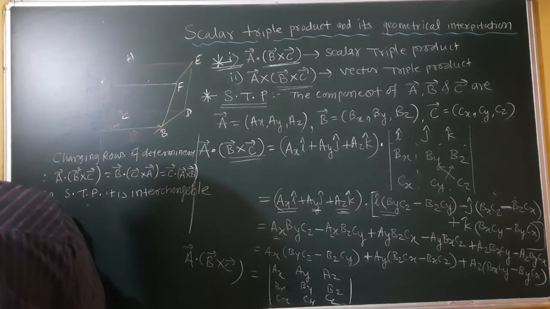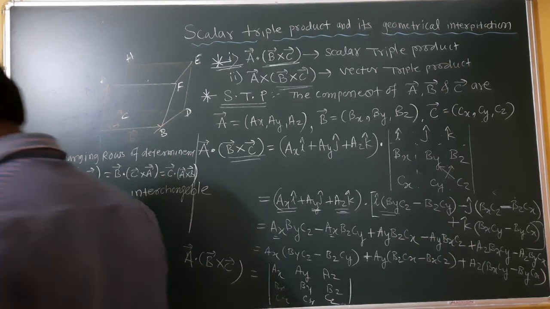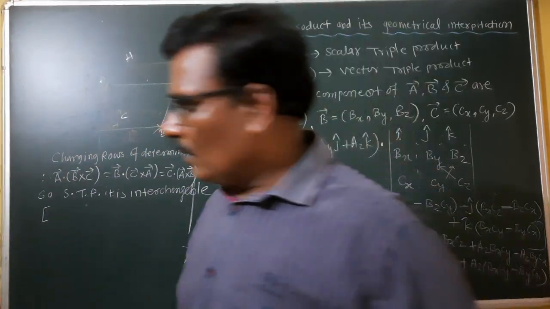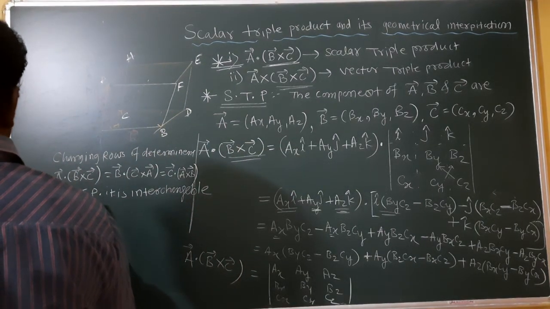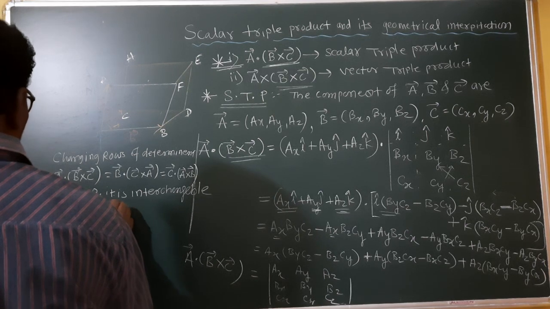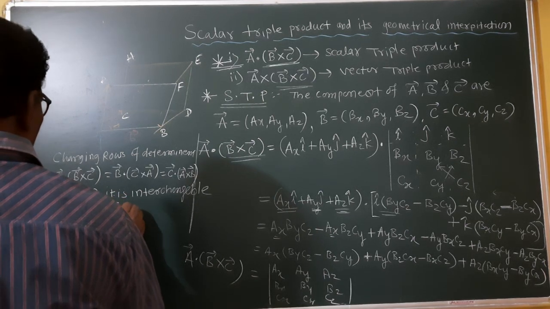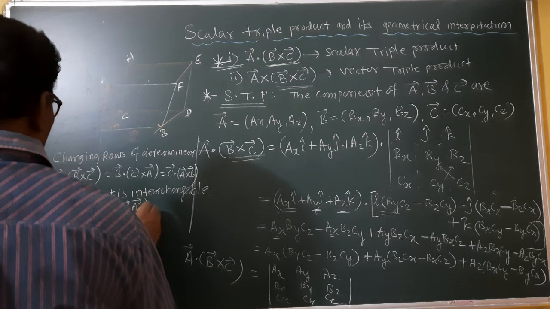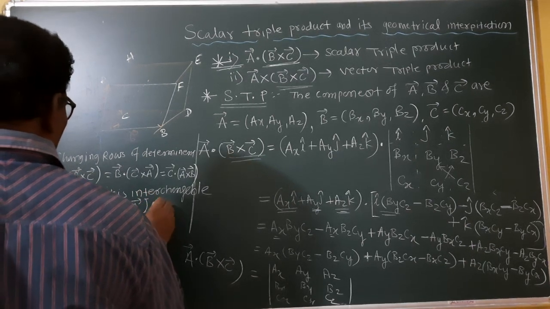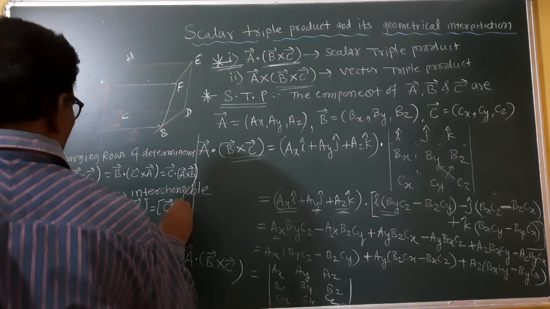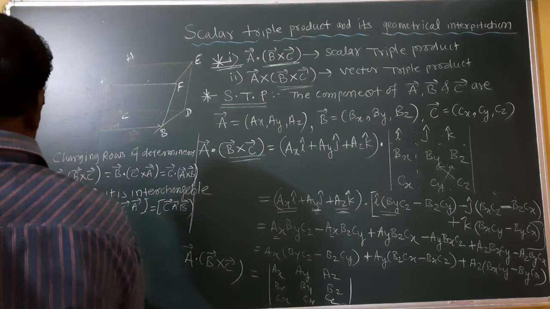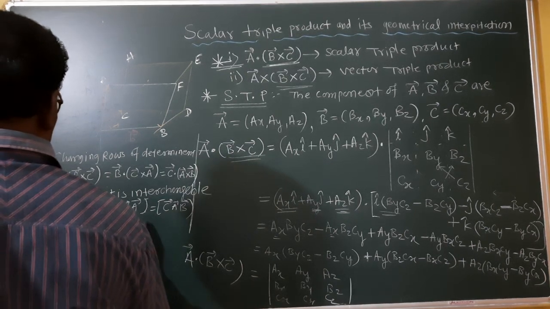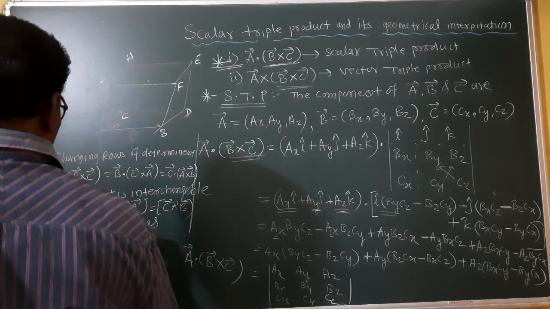This can be written as [A bar, B bar, C bar] equals [B bar, C bar, A bar] equals [C bar, A bar, B bar]. It is also called the box product.